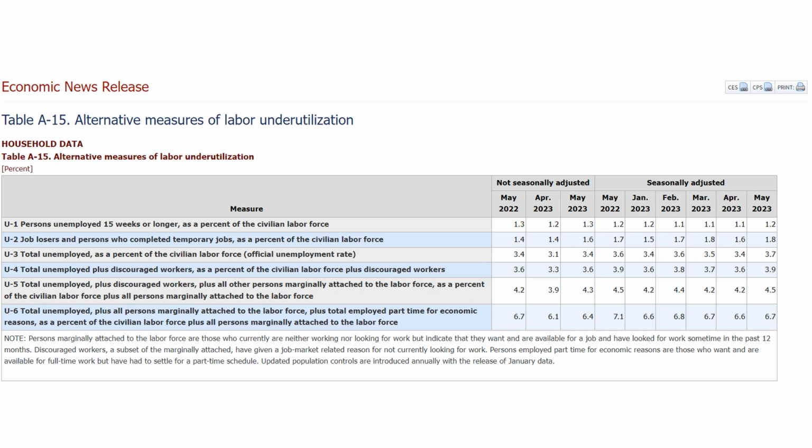In addition, the people that are working part-time but would rather be working full-time cannot secure a full-time job for economic reasons, meaning there's not a job available for them. So typically there's quite a difference, and this is pretty standard for the month of May in 2023, where the U3 came in at 3.7%, and the U6, the broader measurement of that unemployment, came in at 6.7%, a much higher rate.